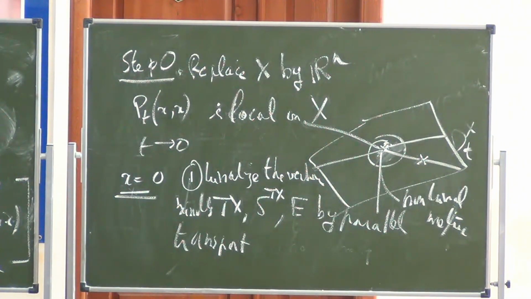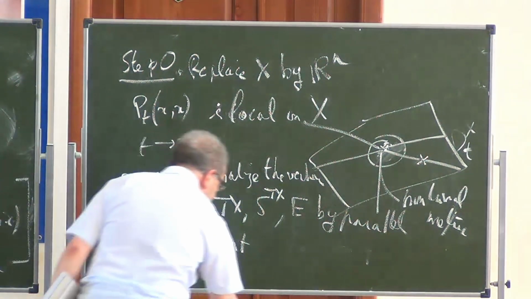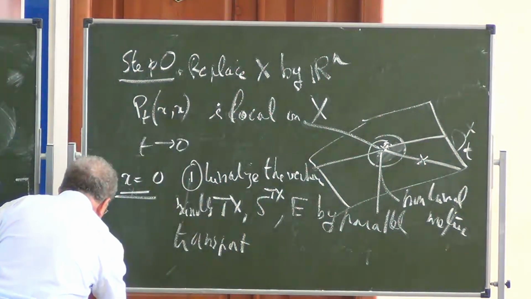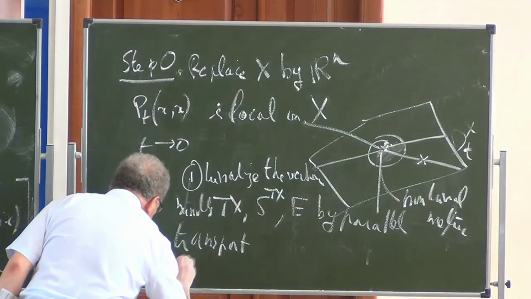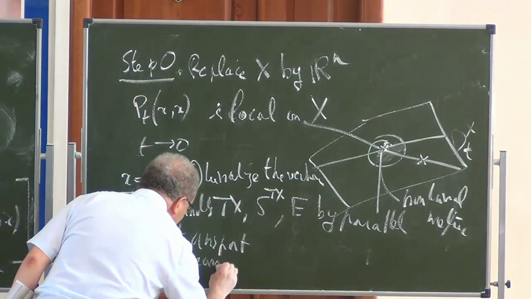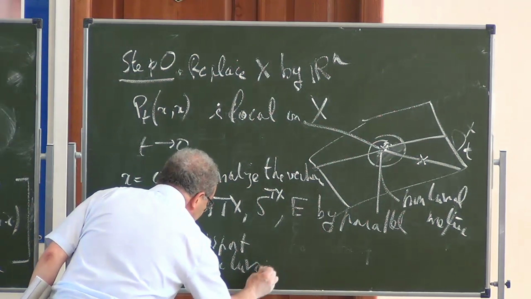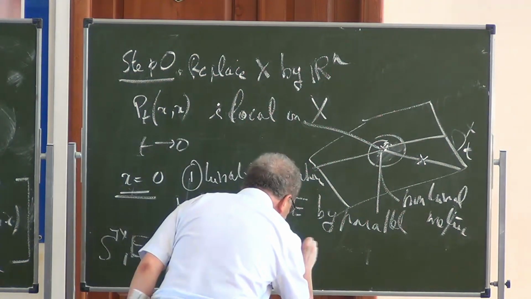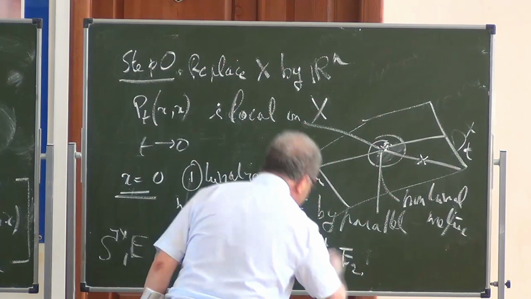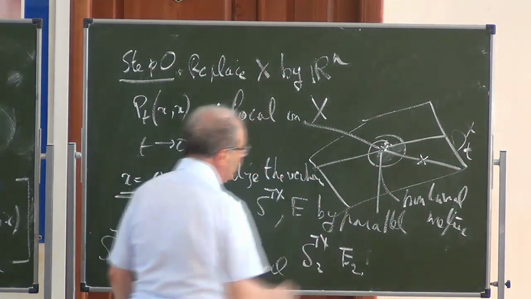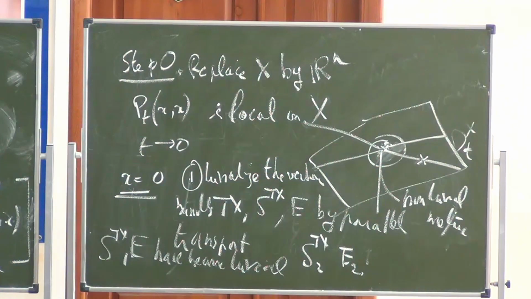By doing this, actually the vector bundles Stx and E have become trivial. So they have been identified with their values at Stx(x) and Ex, or E0 if you like. So in other words, our operators now don't act anymore on sections of the vector bundle, they act on sections of a vector space.